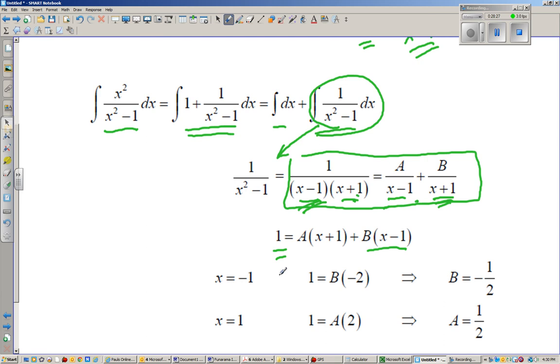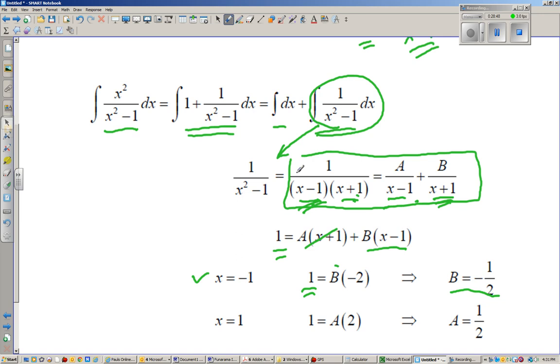So starting with negative 1, the left side is 1. Over here on the right side, if I put negative 1 in, that'll go away, right? And I'll have negative 2 times b, or negative 2b, and b would have to be negative 1/2.